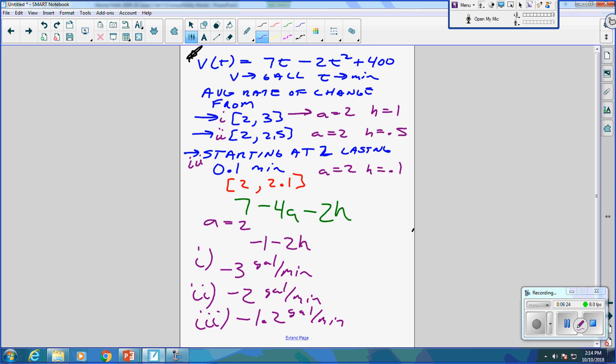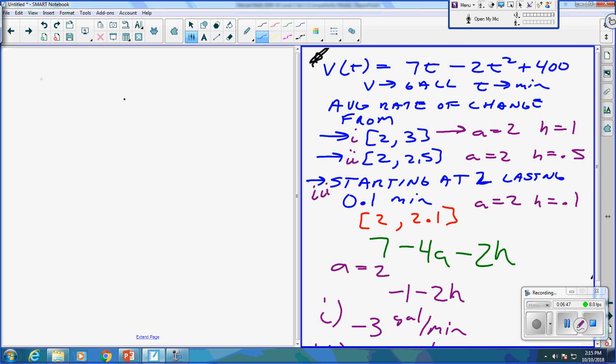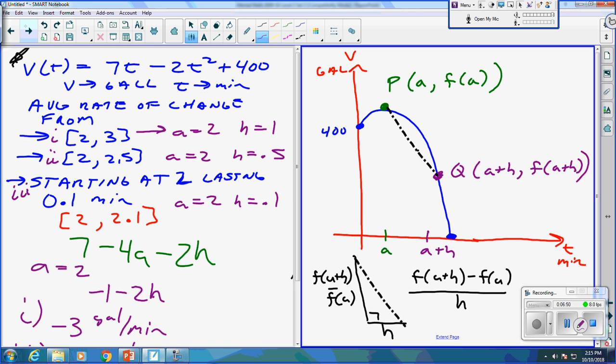Everybody, what do you think the instantaneous rate of change at 2 is? This. All right, great answer. We have to remember that if I'm asking for the instantaneous rate of change, the difference here is this.